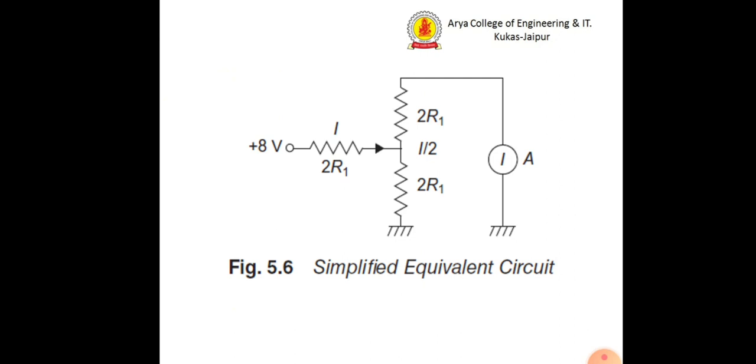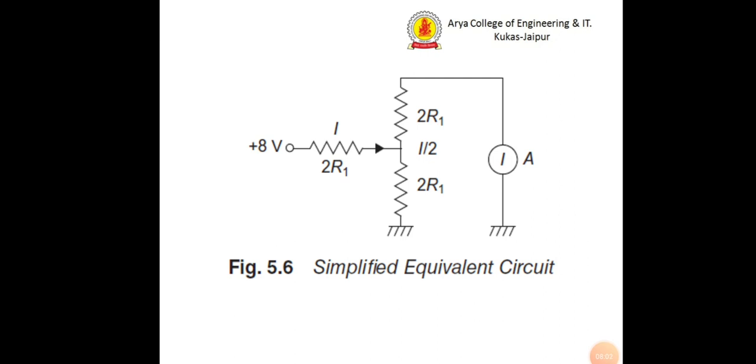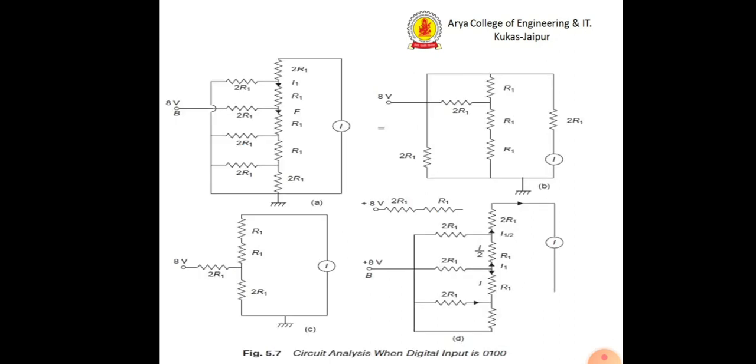Suppose now B is connected to +8 and the other switches are grounded, that is, the digital binary input given is 0, 1, 0, 0. The equivalent circuit is shown in figure 5.7. This is how the equivalent circuit will look, and the current value I will be equal to 8 volt upon 3R1.